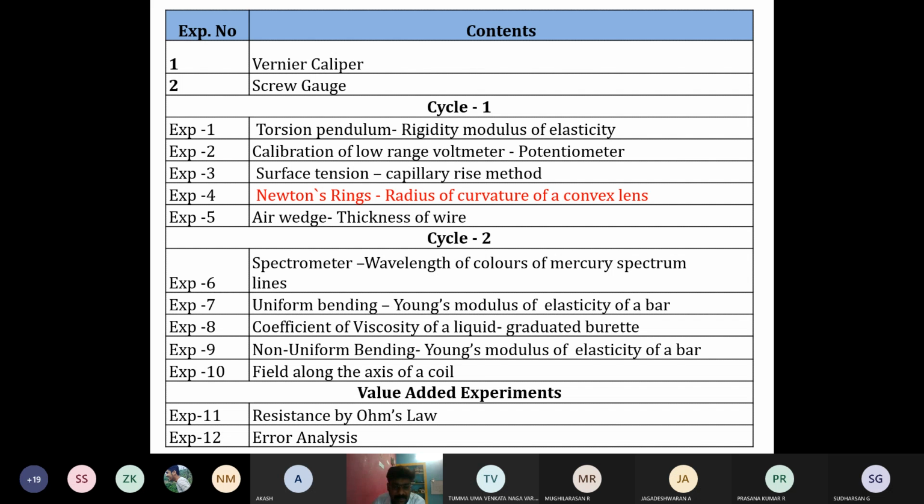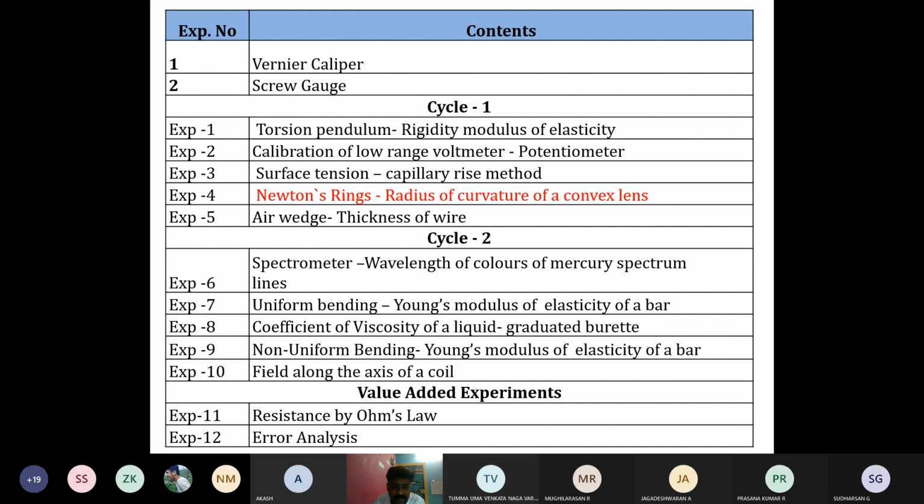Today we are going to see a topic, Newton's ring. By using this Newton's ring method, we are going to measure the radius of curvature of a convex lens.